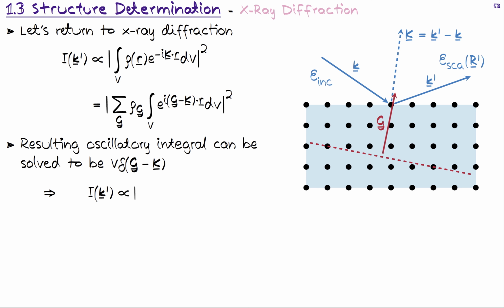It is the modular square of a summation over G's of the Fourier coefficient rho_G of the electron density, times V, times the delta function of G minus K.